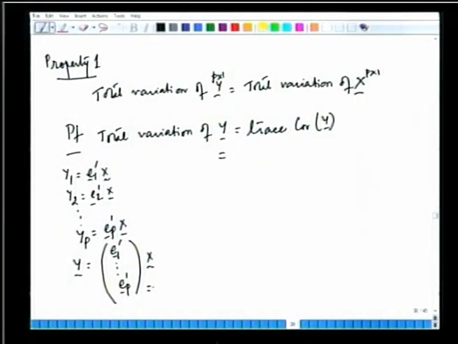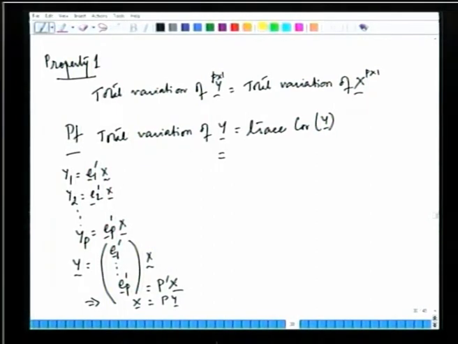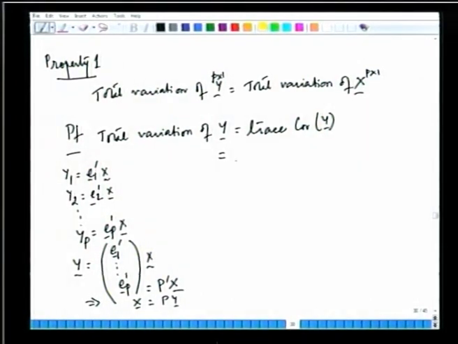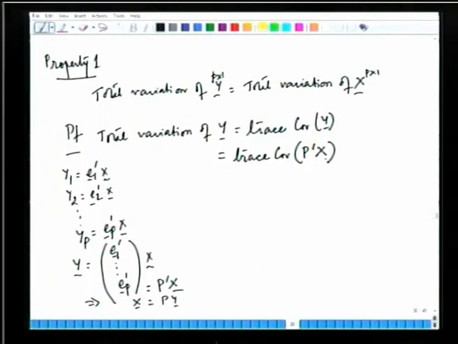If you recall, this is nothing but our P transpose matrix, because the columns of the P matrix are the orthonormal eigenvectors E1, E2 to Ep. So, this is nothing but P'x, which equivalently gives x equal to Py, but I can handle the situation with this relation. So, this is trace of the covariance of P transpose x. Why do I do this?